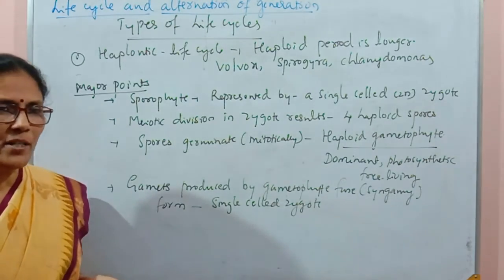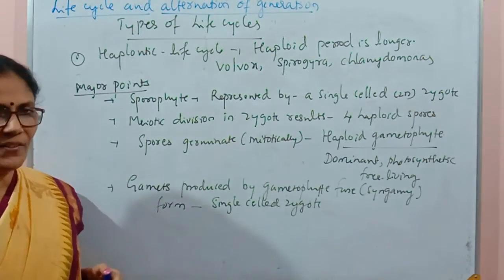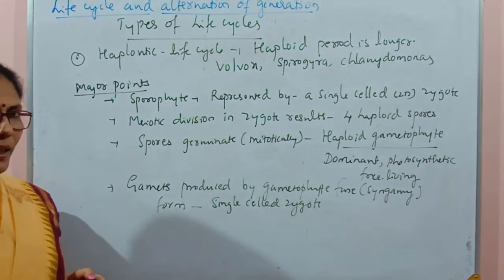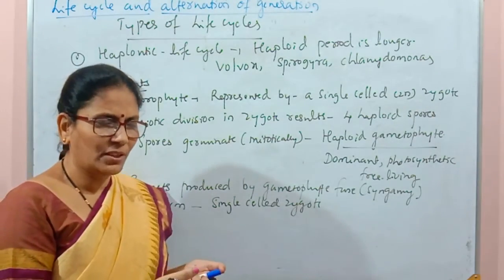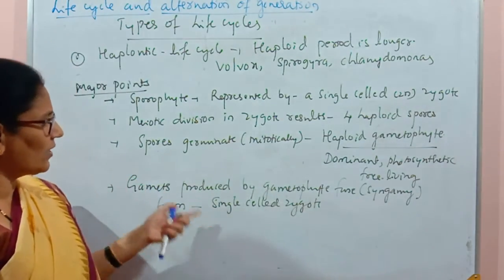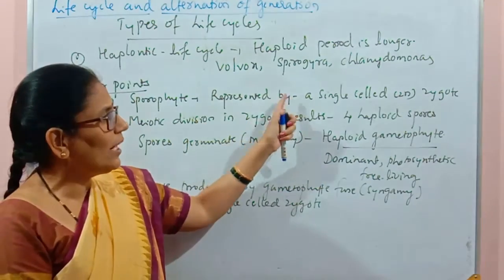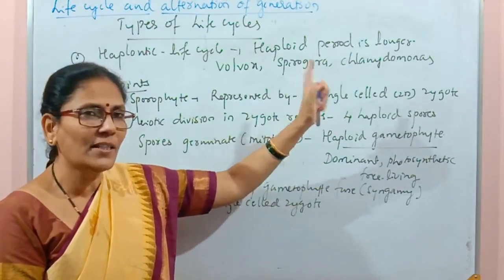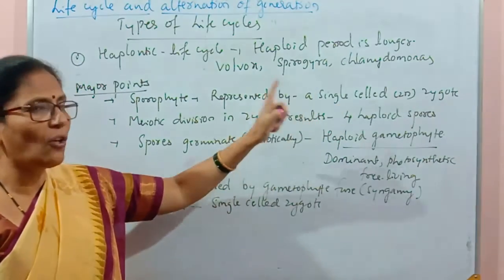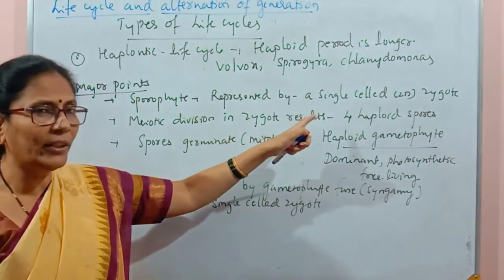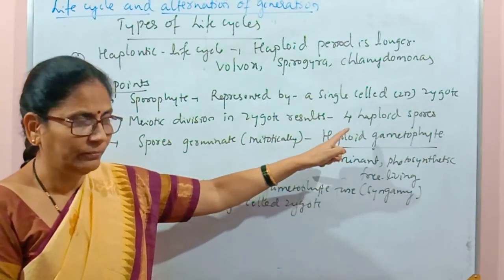So, what are the key points we see usually in the haplontic life cycle? The cycle starts with the sporophyte. The sporophytic generation is represented by only the single cell diploid zygote, and this zygote is not free living. It is depending upon the gametophyte.